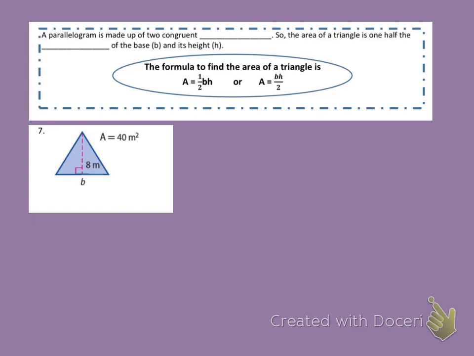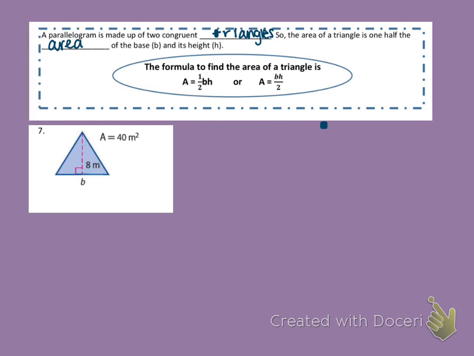A parallelogram is made up of two congruent triangles. The area of a triangle is 1/2 the base and its height.